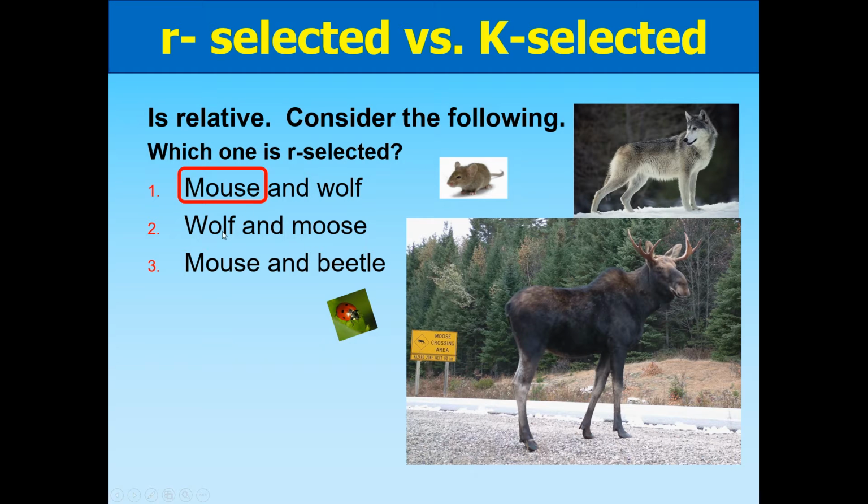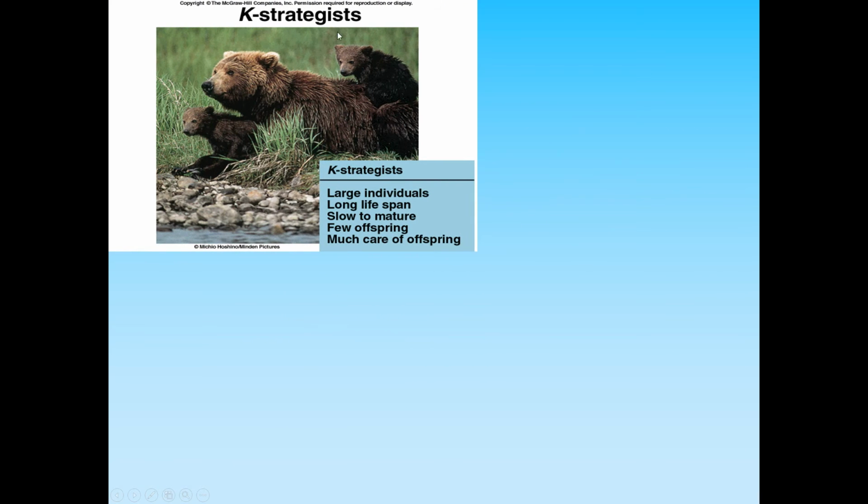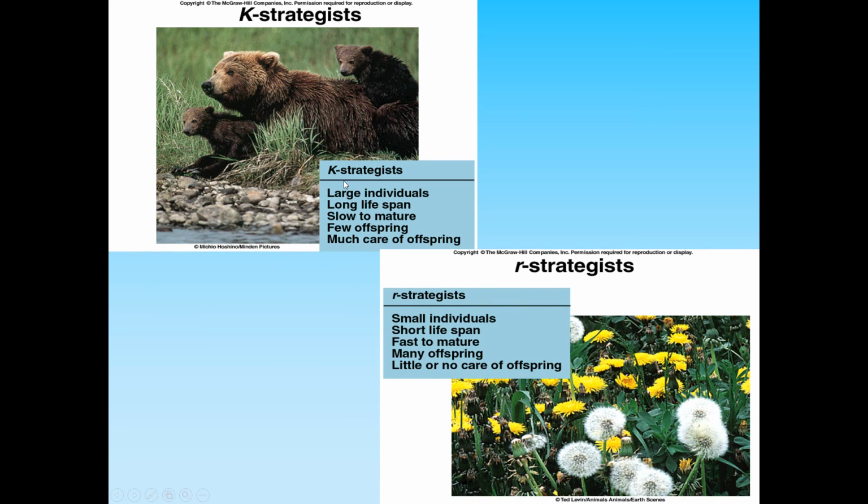In this case, the wolf has more offspring and is a smaller individual than moose, so they are the R-selected species. Let's compare a mouse and a beetle. In this case, the beetle is the R-selected species because beetles can have hundreds of offspring at once, whereas mice can have at maximum maybe 10 offspring. So K strategists, they're larger, they have fewer offspring versus R strategists are smaller and they have more offspring.